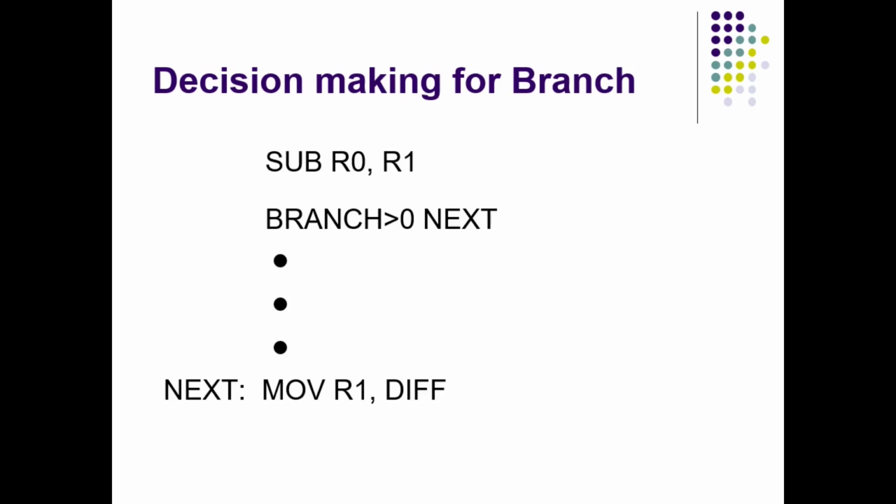But if the branch is a conditional branch, to check whether the condition is satisfied or not, the processor makes use of flag bits. For example, here there is a program given. Here after subtracting R0 from R1, the result is stored in R1. And then I want to jump to the next label, which is nothing but this instruction.